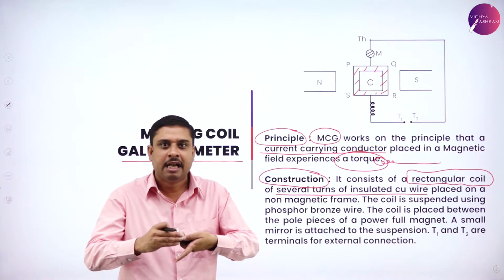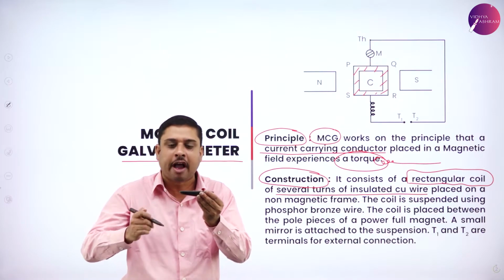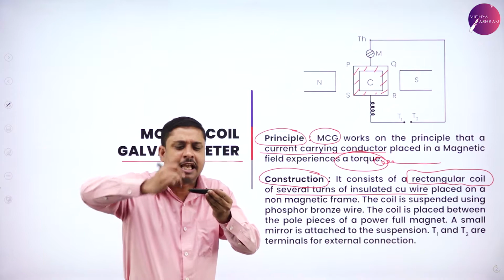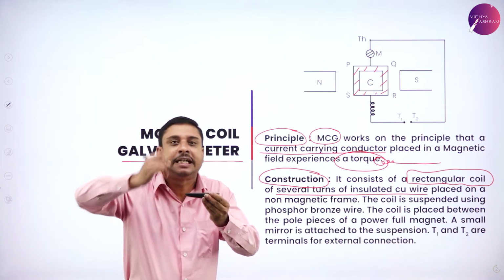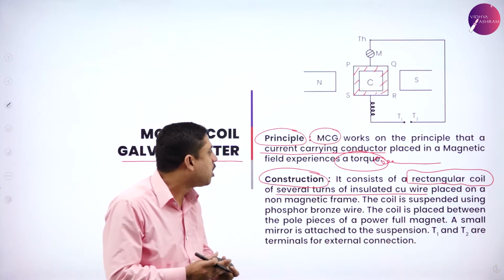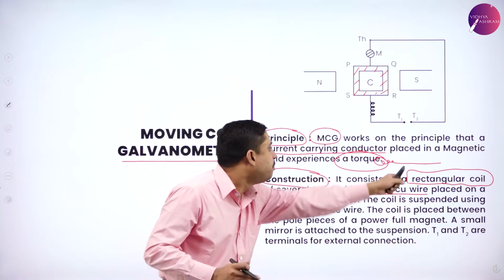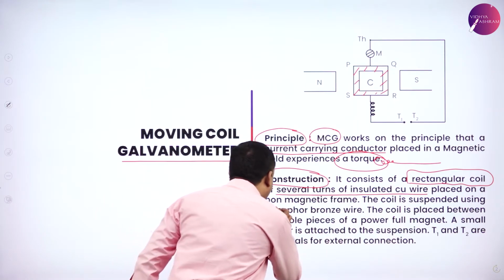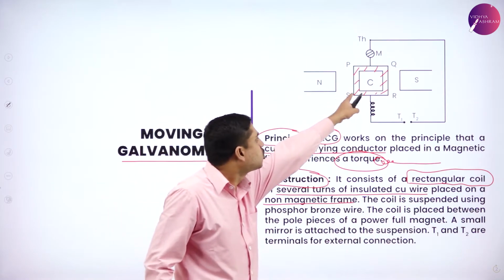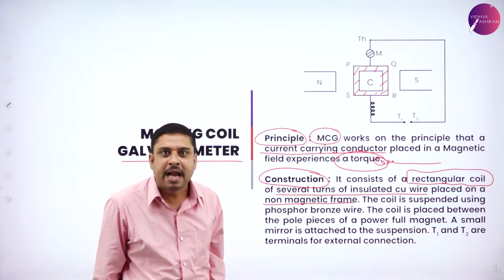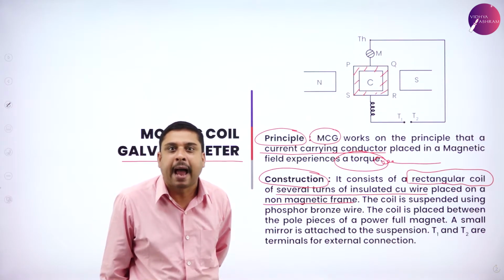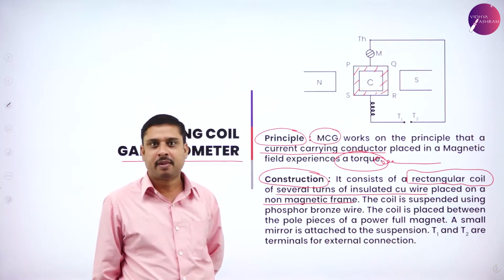We take a rectangular coil of tightly wound insulated copper turns, placed on a non-magnetic frame.